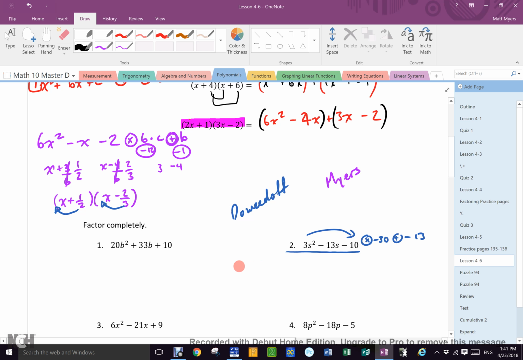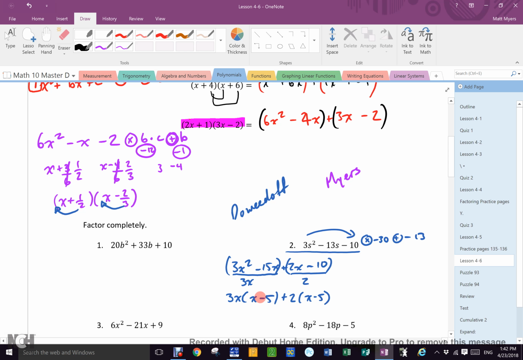add to -13. And we would know that it was 15 and 2, right? And we would rewrite it as 3x squared minus 15x plus 2x minus 10, right? Then we'd bracket the two binomials. We'd take out our common factor, 3x, take out our common factor, 2, and we get 3x, x minus 5, and out of here, plus 2, x minus 5, right?